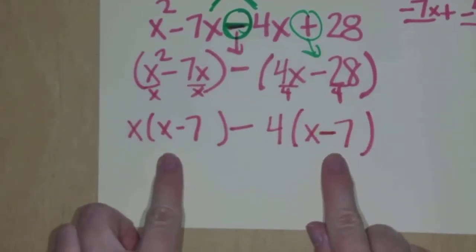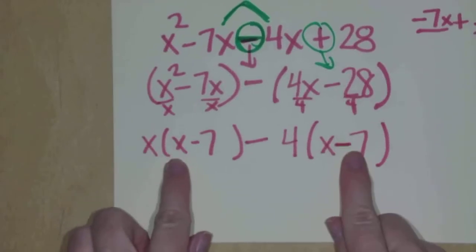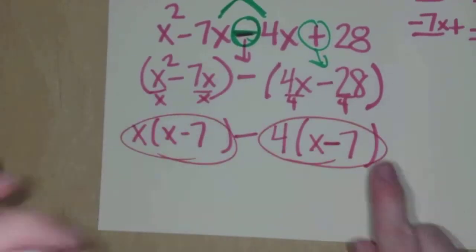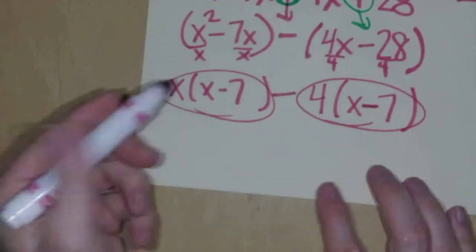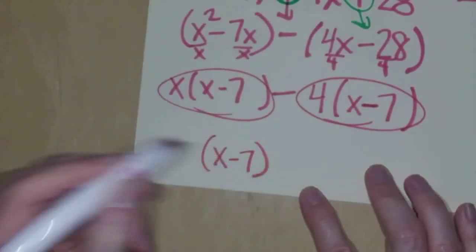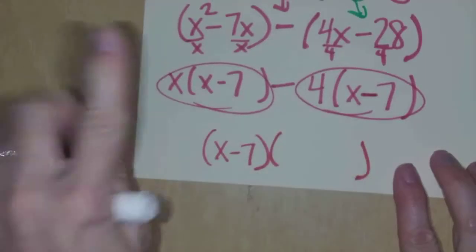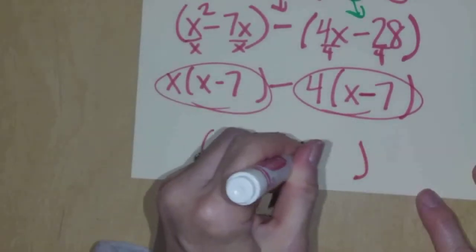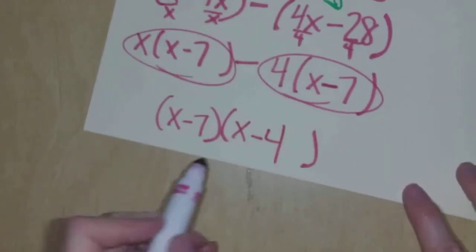So when you look at these two different sides here, so to speak, you've got a common factor of x minus 7. And what's left is an x minus 4. And that's your answer.